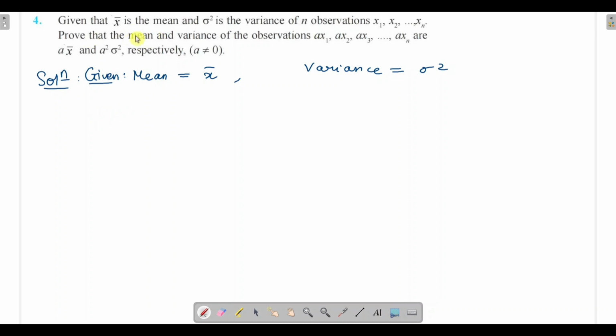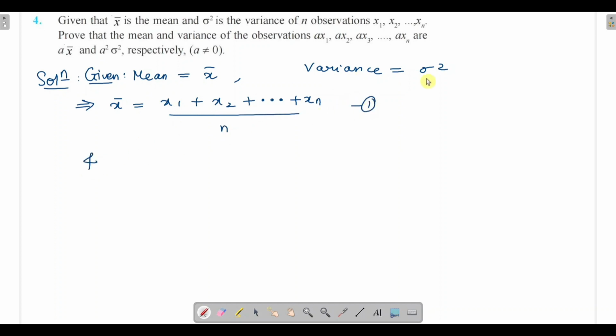Now let us find out the new mean. Before this we can write, this implies x bar is equal to x1 plus x2 plus dot dot dot xn divided by n. Okay, this we will call it as 1.